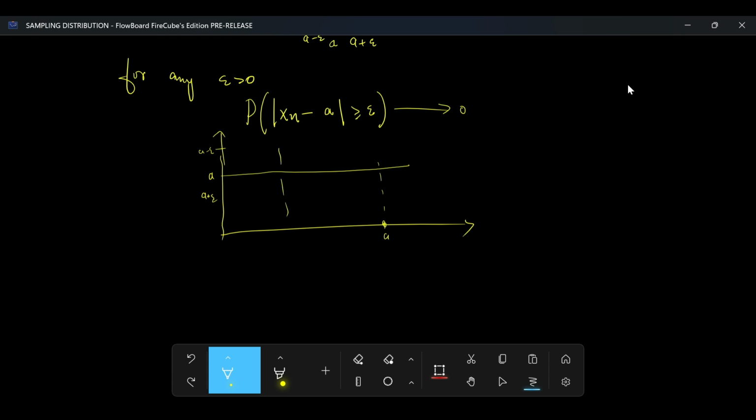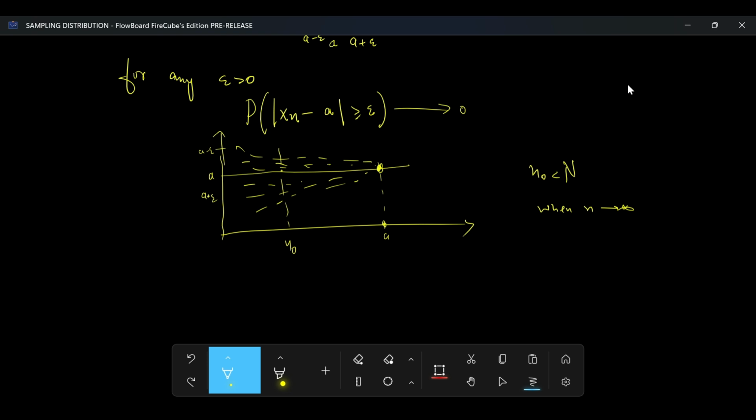So an arbitrary point n naught, and for all n greater than n naught, when n tends to infinity, all the points will get close to this point a.